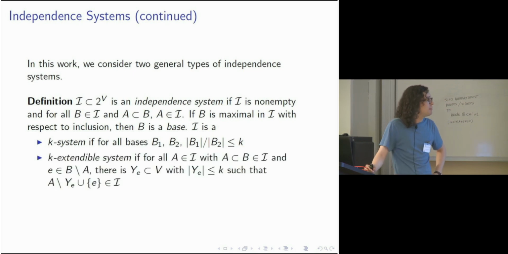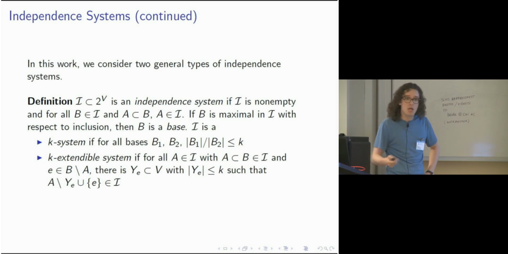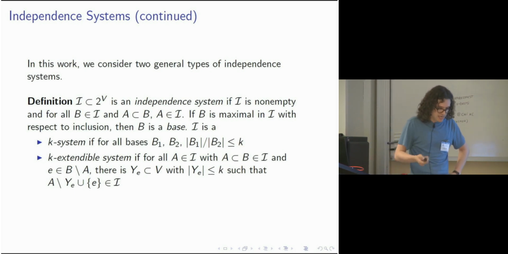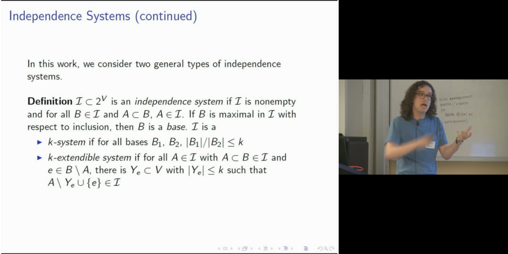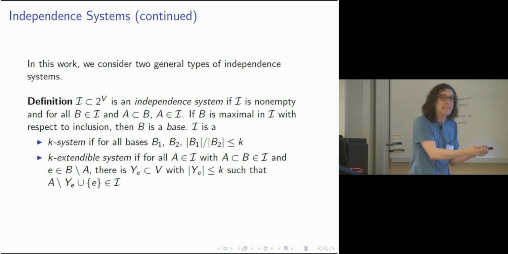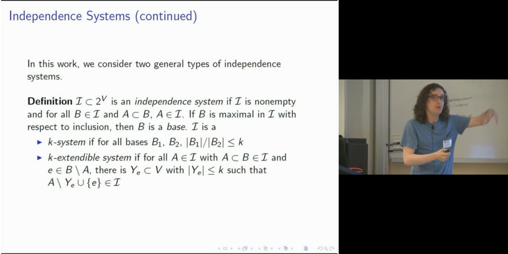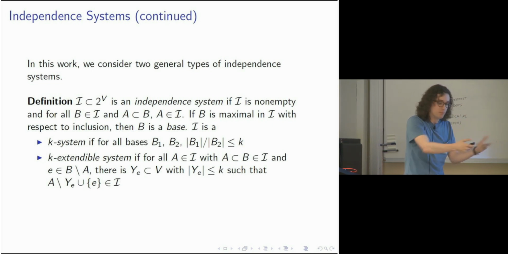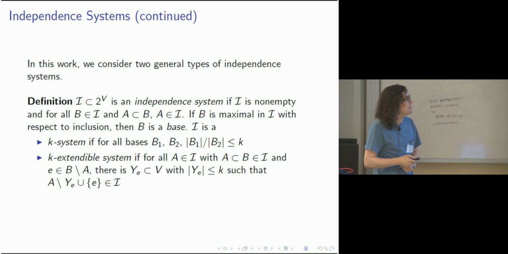Another type of independence system that we're looking at is the K-extendable system, and it goes like this. Suppose I have A and I have B, and A is contained in B. I can pick any point e outside of B, and adding it to A might make it not independent, but I can always remove at most K elements inside A and add e, and that will mean that it's still independent.